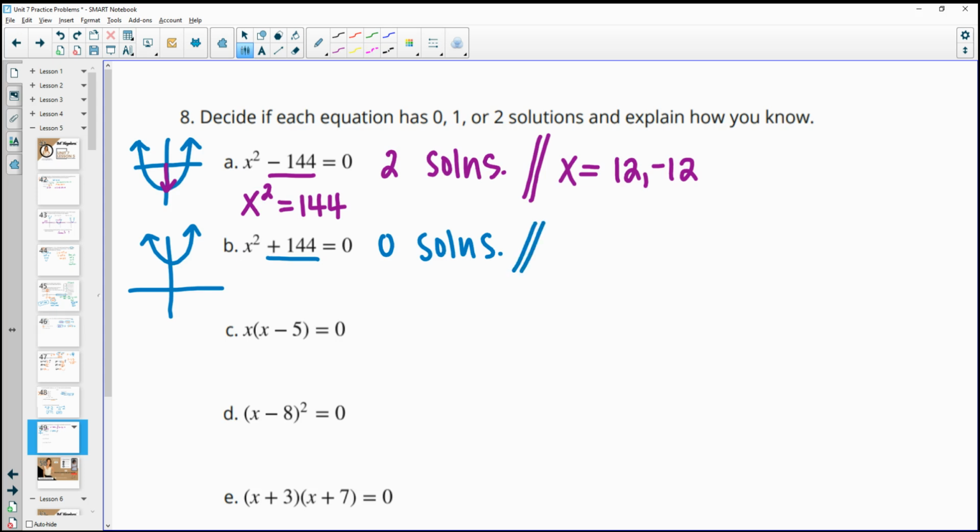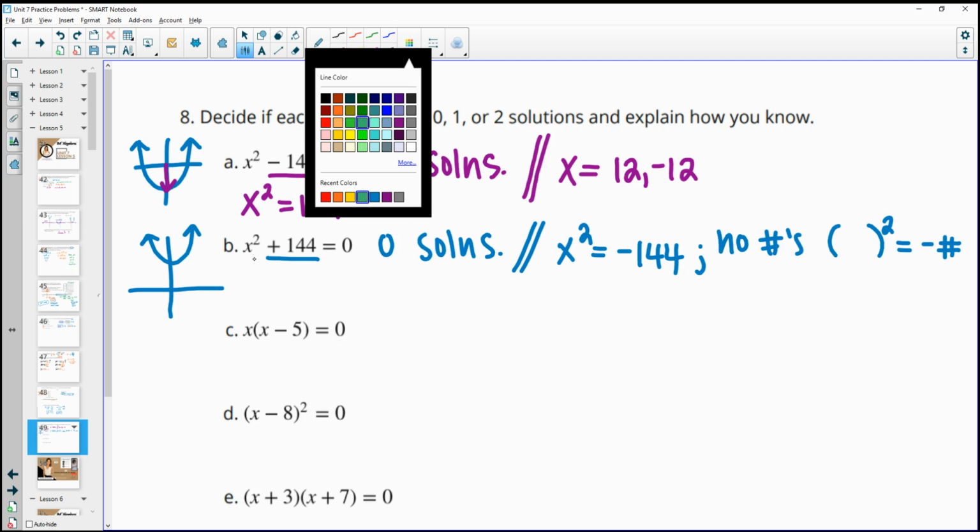Or you could reason that x² would have to equal negative 144 in order for those to add to 0. And there are no numbers, okay? So no numbers squared can equal a negative number. So there aren't going to be any solutions that will give you x² = −144.